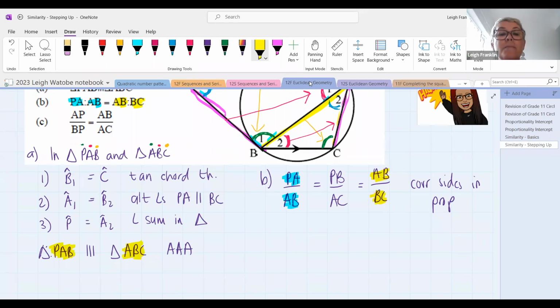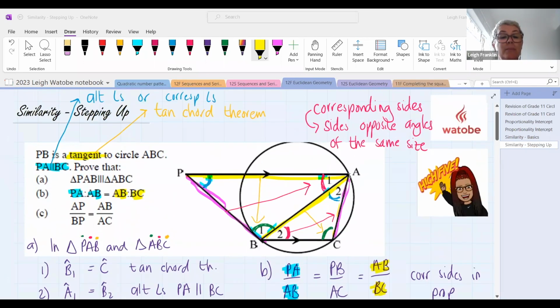Can I scroll up a bit? Yes, I certainly can. Yes, Sharon, I just want to look at Nompumelello's answer before I go on. Nompumelelo said PA over AB equals AB over BC equals PB over AC. That was brilliant. Very, very nice. Thank you so much for that brilliant answer. I'm just scrolling up a little bit again.